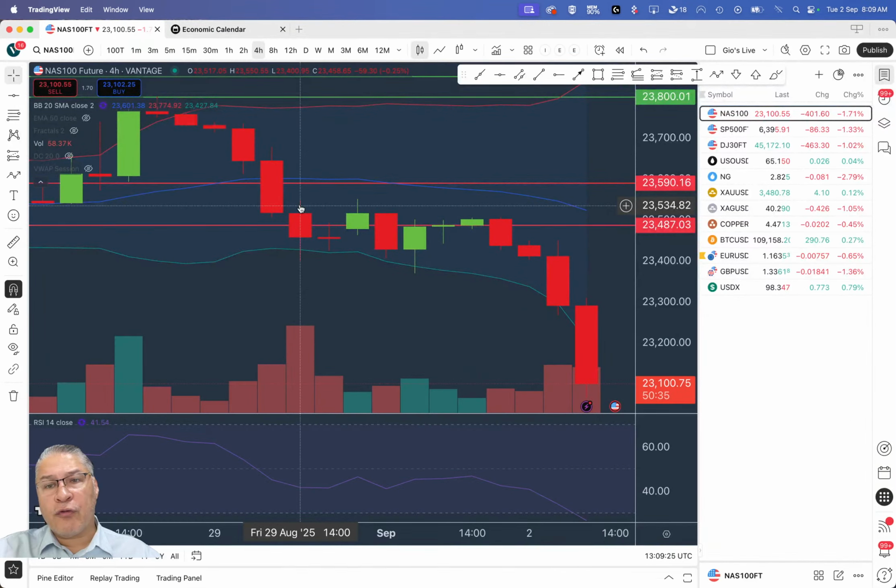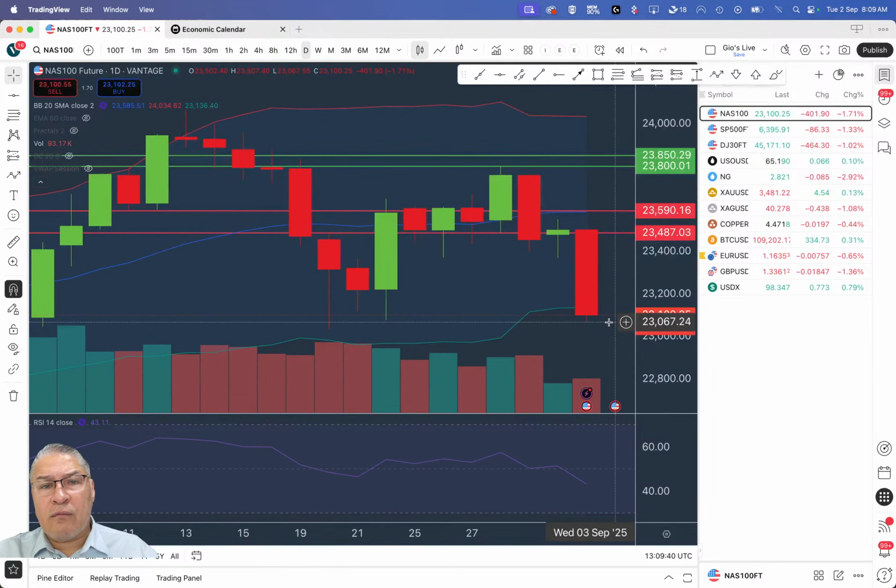So let's take a look at the daily chart. We're seeing how the market today is in the red. It has done a strong pullback after obviously having a strong summer.